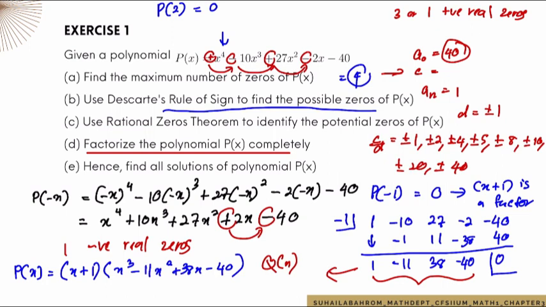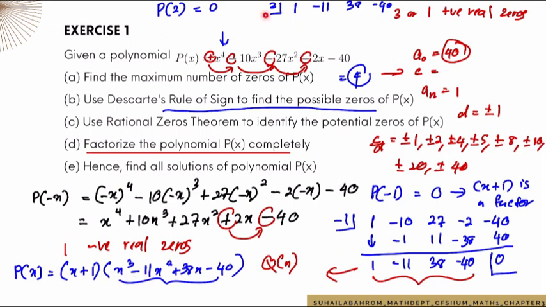So what you have to do with the value of 2 is apply synthetic division again. If the polynomial or the quotient, you cannot apply factoring by grouping. So with the value of 2 here, we have to reduce this quotient. So 1, negative 11, 38, negative 40. In this question, it is impossible for you to apply factoring by grouping.